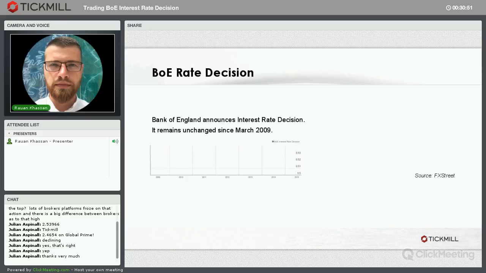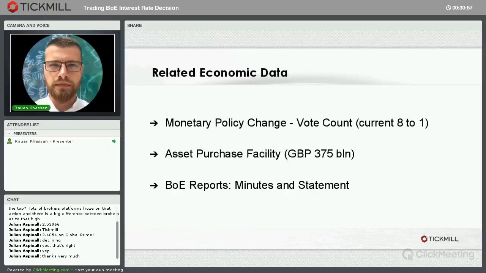The main interest rate remained unchanged at 0.5%, but there are also a few different related economic data that you need to keep in mind when evaluating your trading during the Bank of England decision. The first is the vote count for monetary policy change, with the current level of 8-1.